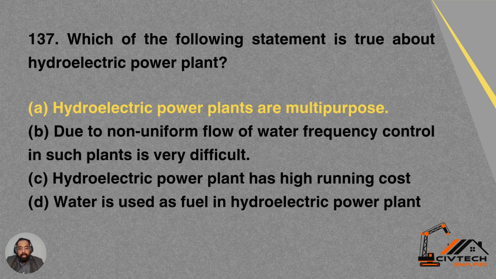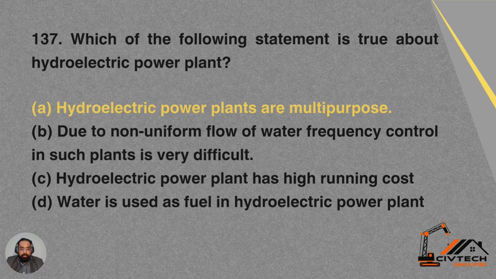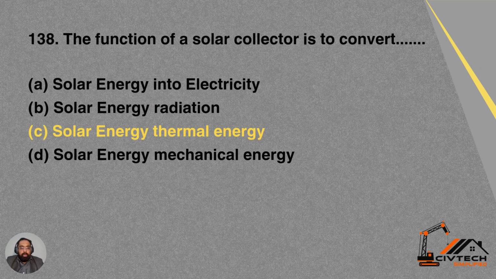Option C, hydroelectric power plant has high running cost. Option D, water is used as fuel in hydroelectric power plant. So the true statement among all these is the first one, A. Hydroelectric power plants are multi-purpose. So A is the correct answer.